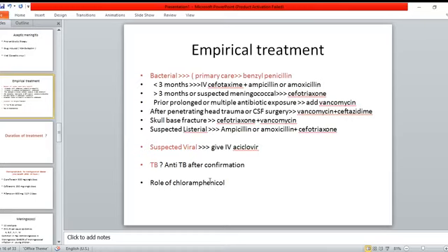Now we are going to give a specific treatment. And in this situation, it's ampicillin or amoxicillin plus gentamicin. Okay. So ceftriaxone is given empirically, or cefotaxime, especially in the preterm or babies with jaundice.